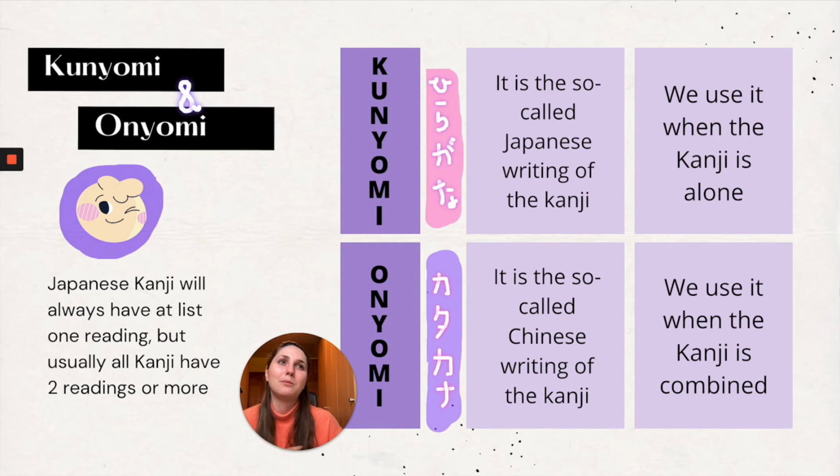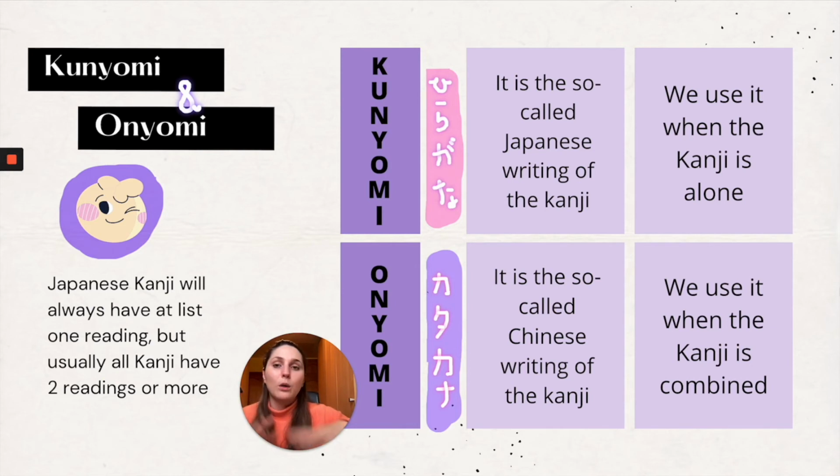So we have this one here. We have the East kanji and we have the capital kanji. Because they are put together like that, we would use the Chinese reading of the two kanji. So this would be Tokyo.